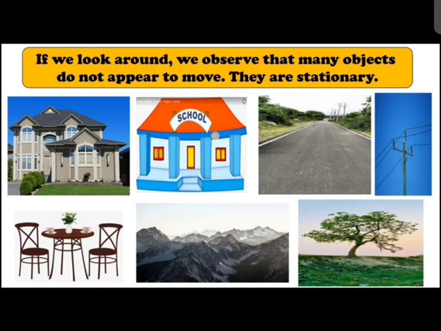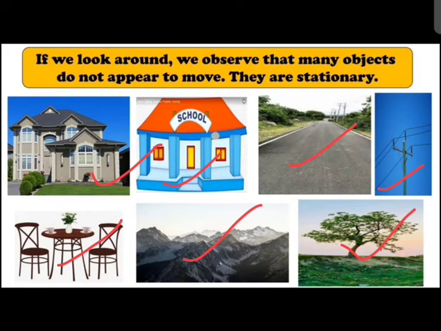If we look around, we observe so many objects around us which do not appear to move, like our house, dining table, mountains, trees, roads, pillars or towers, school. These objects never appear to move.